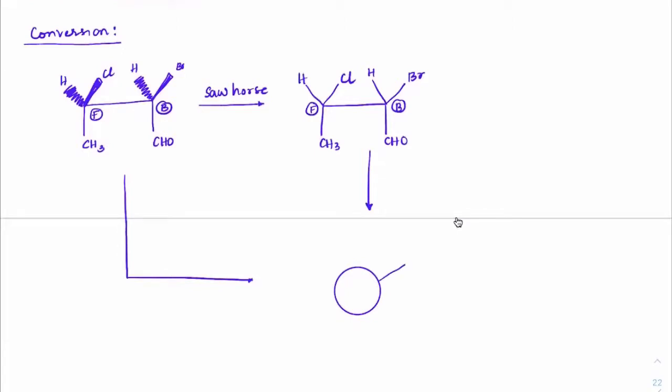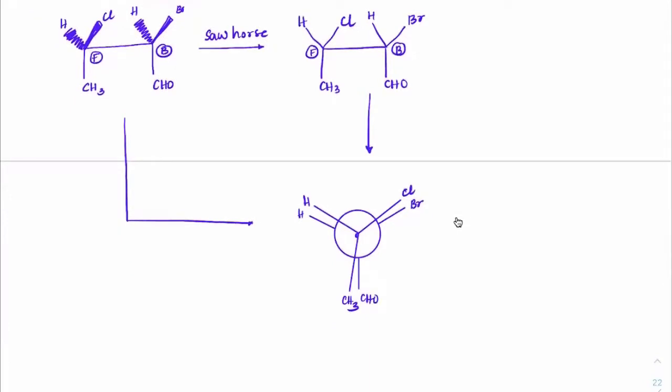So the back carbon, first I'll put these groups, which is Br, CHO, and H. And the front carbon, Cl. I hope you guys understood how is the Newman projection. This is the Newman projection. So this is towards converting into Newman projection.